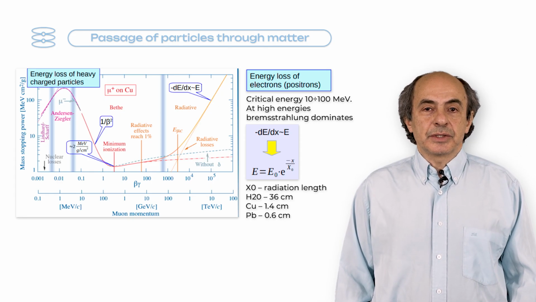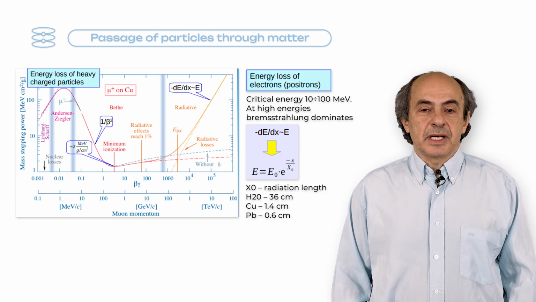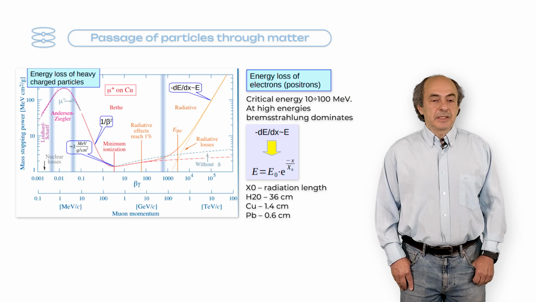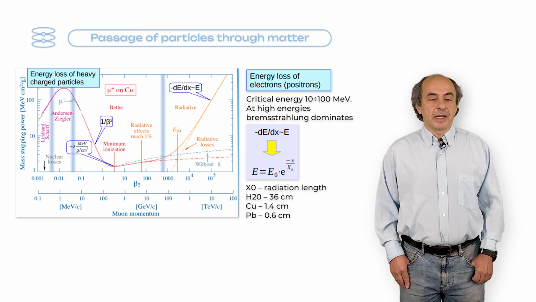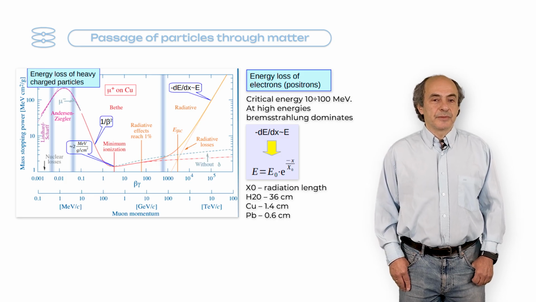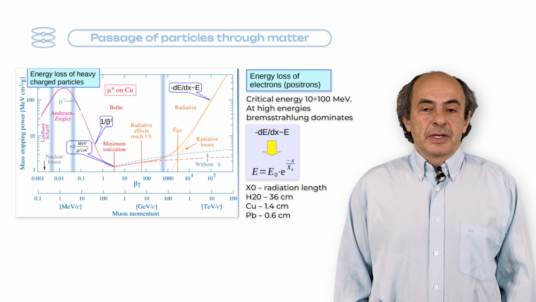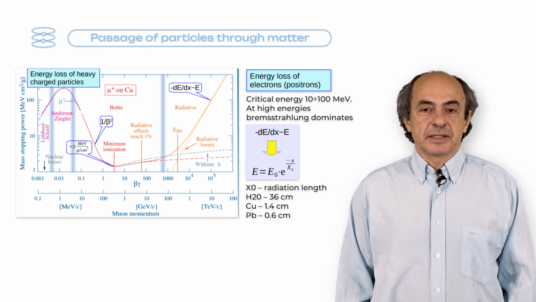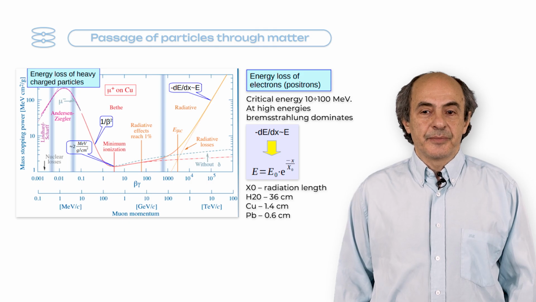These radiative losses for the muon start at very high energies, like several hundred GeV, and the loss is approximately proportional to the energy. A different thing happens for a lighter particle, and the only example of a lighter particle is the electron. For it, radiative loss starts much earlier, at several tenths of MeV.